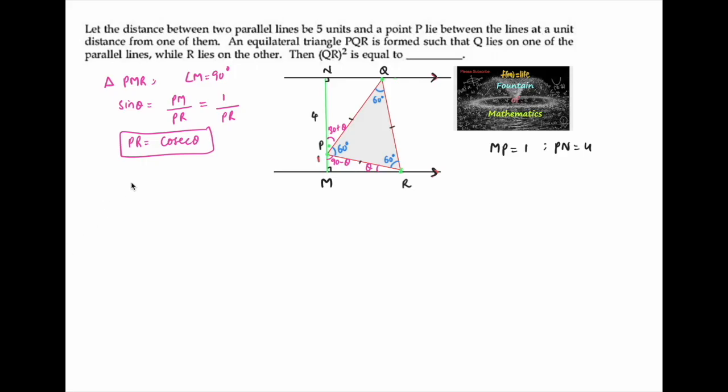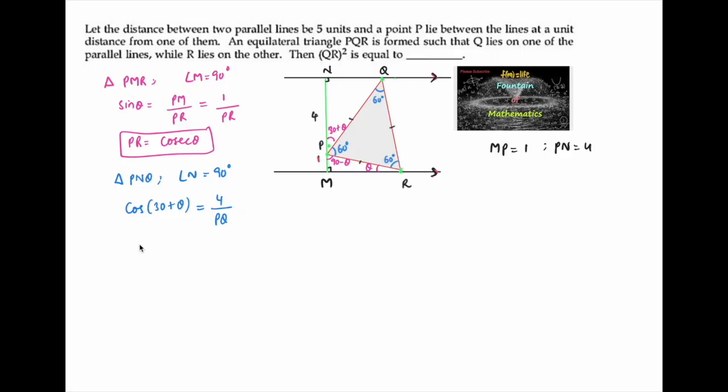And also from triangle PNQ, where angle N is equal to 90 degrees, so we can say cos of 30 plus theta is equal to adjacent, that is 4, divided by hypotenuse, that is PQ.